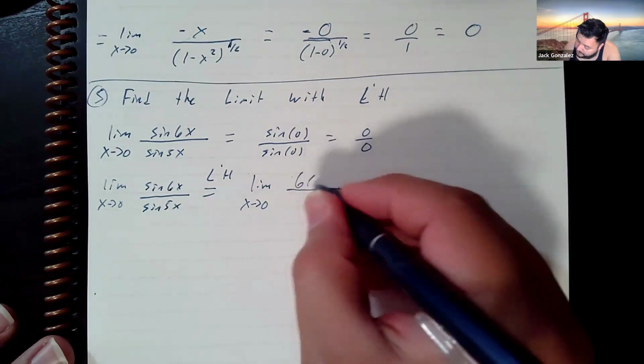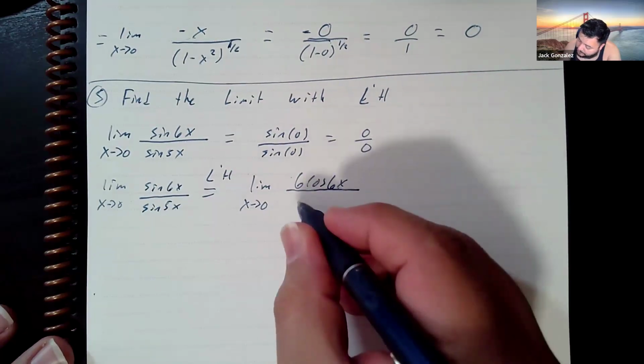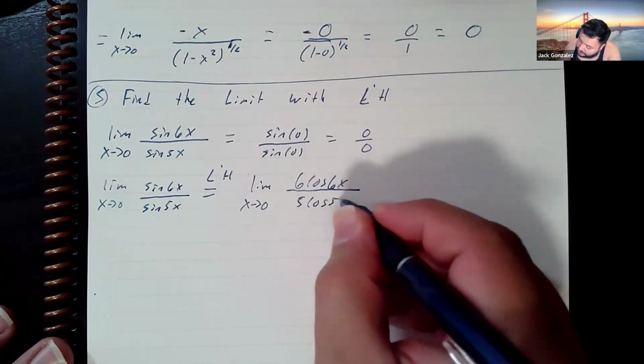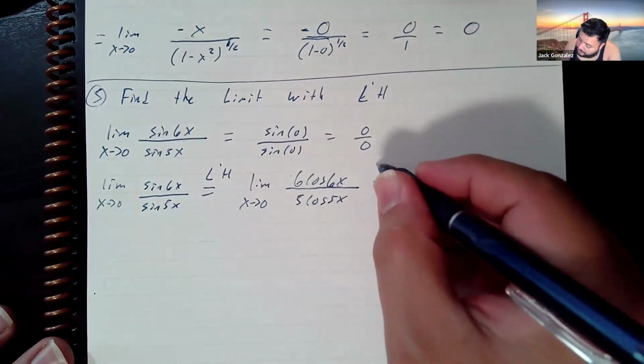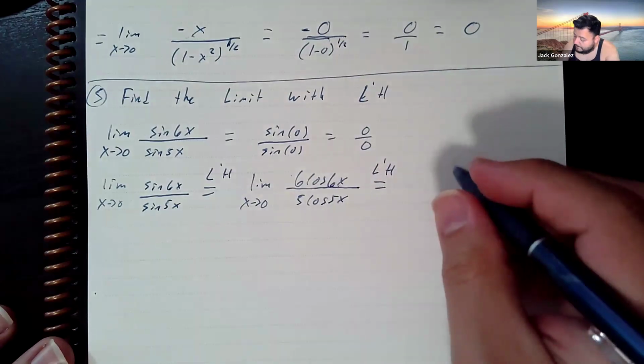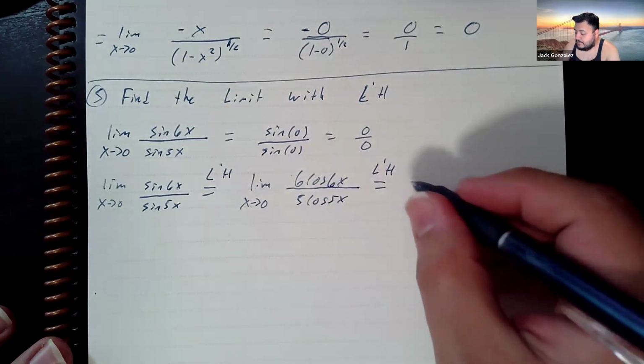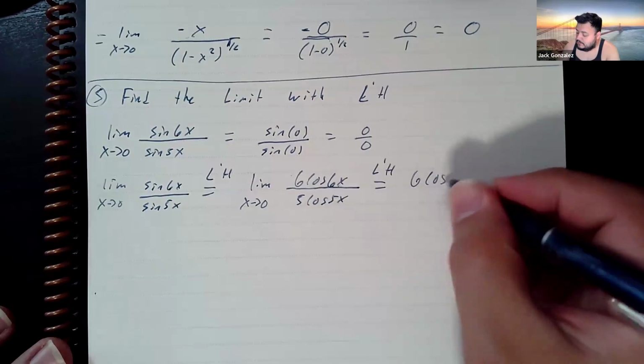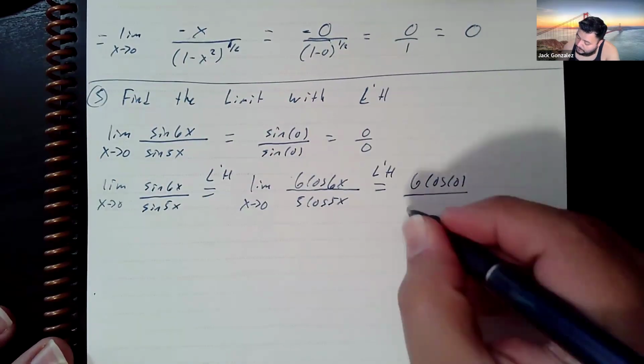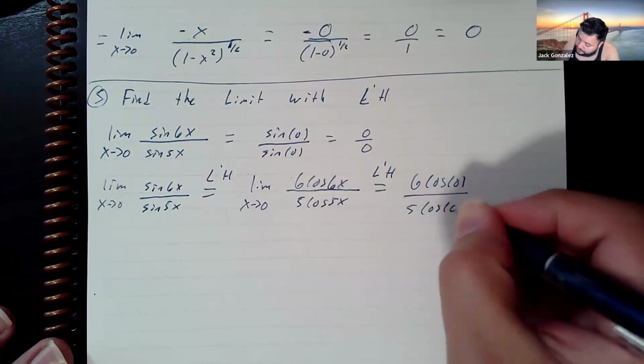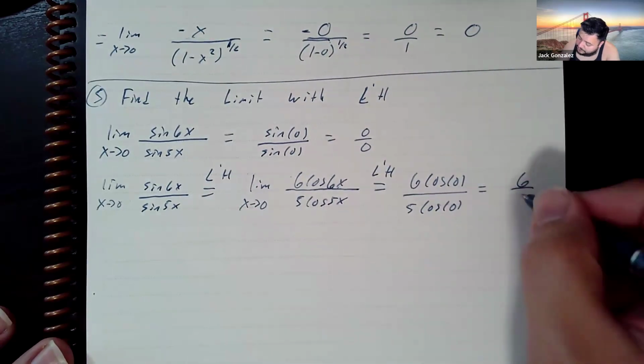There'd be 6 cosine 6x over 5 cosine 5x. Take the limit. That will be 6 cosine of 0 over 5 cosine of 0, which is 6 over 5.